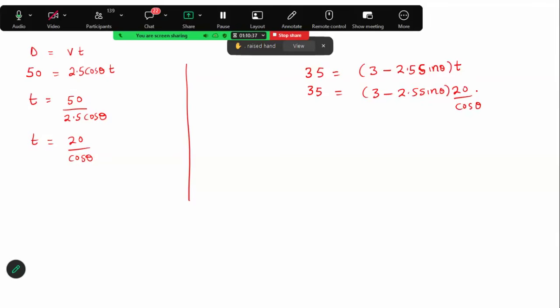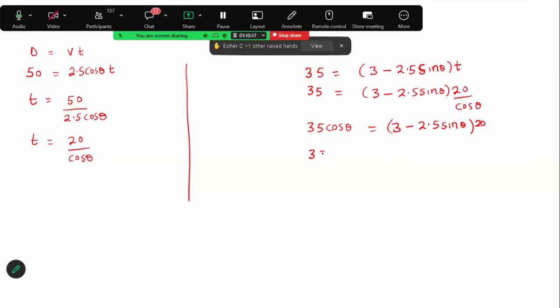So when we do the math, I can multiply through by cos theta, so I get 35 cos of theta equaling 3 minus 2.5 sine of theta. Then I have my 20 in there. I'll multiply this by 20.